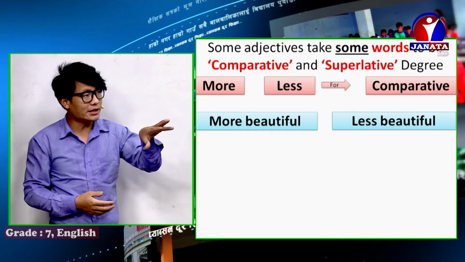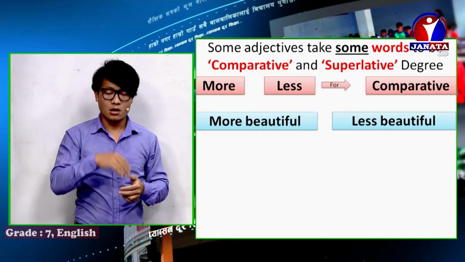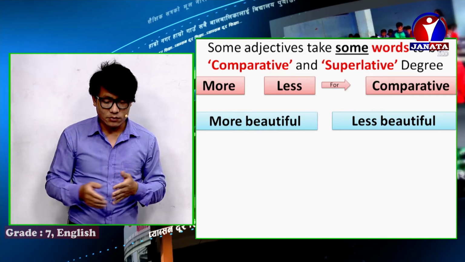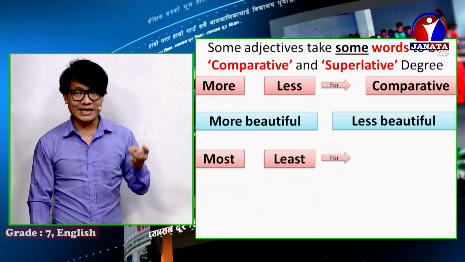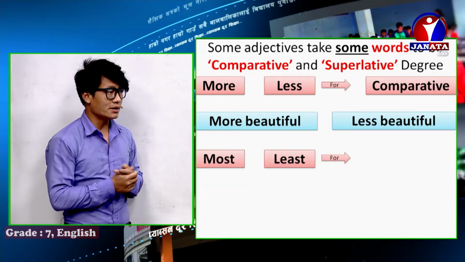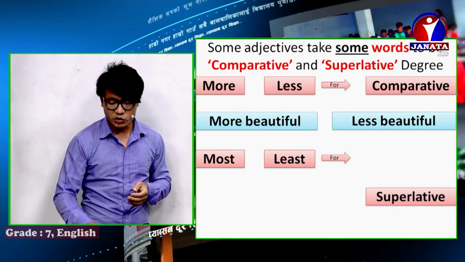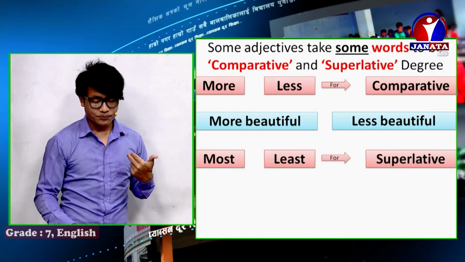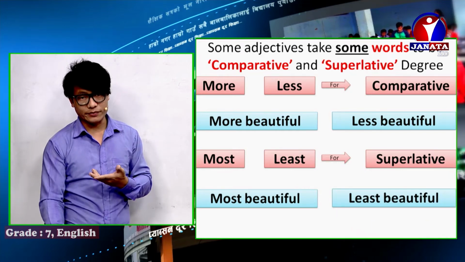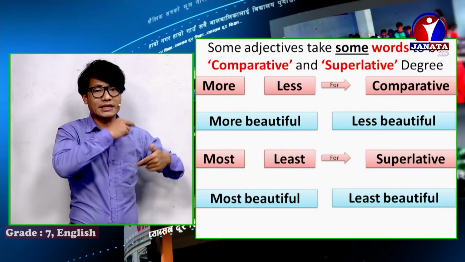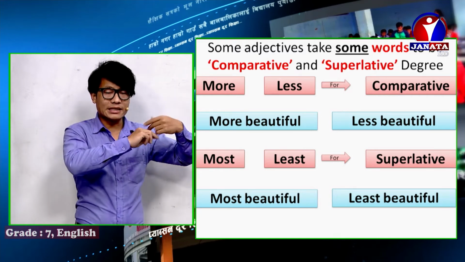More and less, these words are used with these adjectives for comparative. And most and least, these words are used for superlative. Example, most beautiful, least beautiful. The opposite of most is least, and the opposite of more is less.